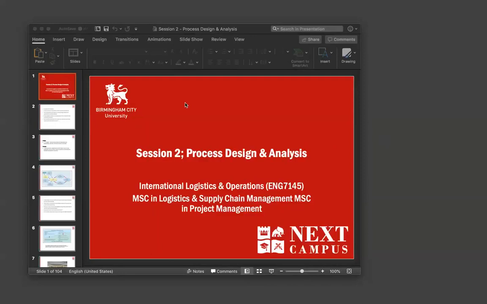Out of all the four V's, the first two V's are the most important, that is volume and variety. So in an organization, organizations should realize or should make some decisions relating to whether their products or services would be high volume or high variety.